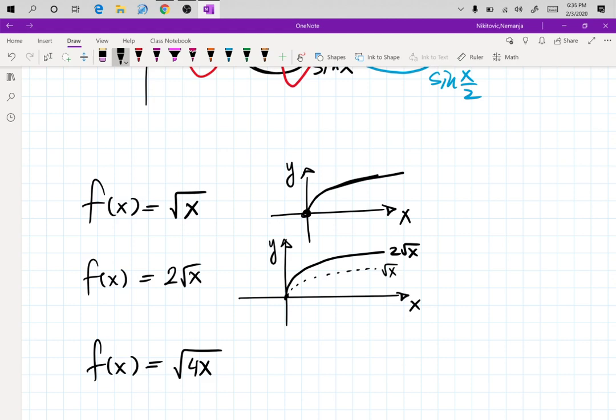X plus 4 would move it to the left. But this is 4 times x. Horizontal, right? Yes. I'm going to take both words. Fine. The answer is yes. But what's the square root of 4? Do you see how this thing is exactly the same as the previous one?